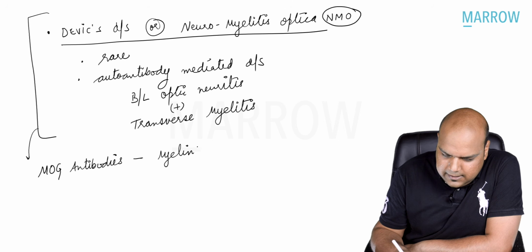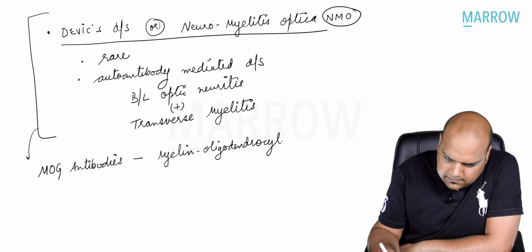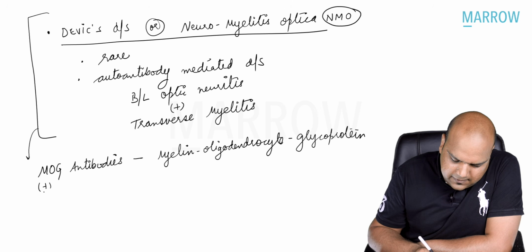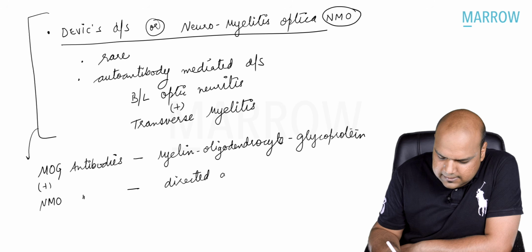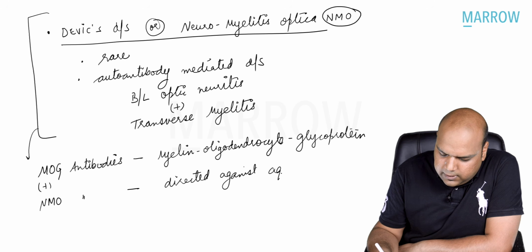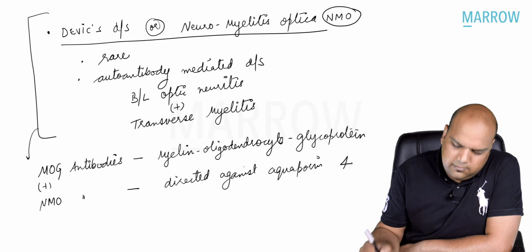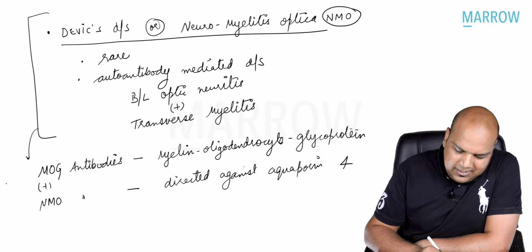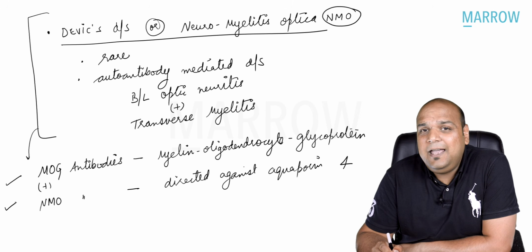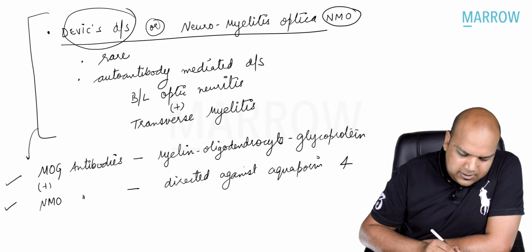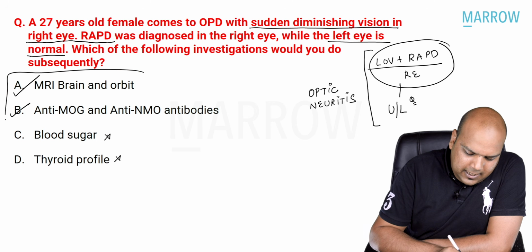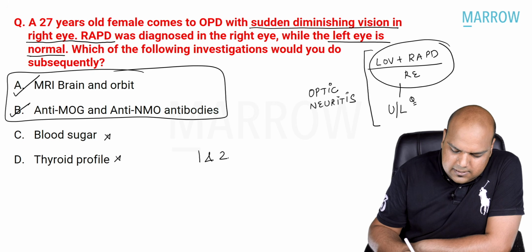MOG is myelin oligodendrocyte glycoprotein antibody, plus we have the NMO antibodies, which are directed against aquaporin 4. Okay, so we know this. So we know we need to also check the anti-MOG and the anti-NMO antibodies because of Devic's disease, right? That is why the answer to this question was A and B, or 1 and 2.